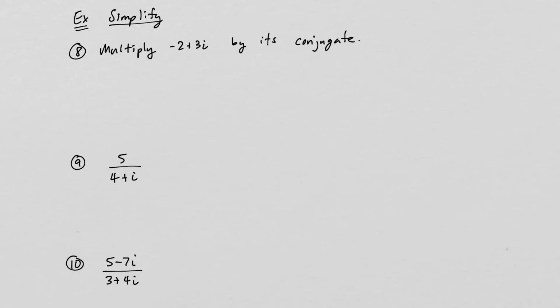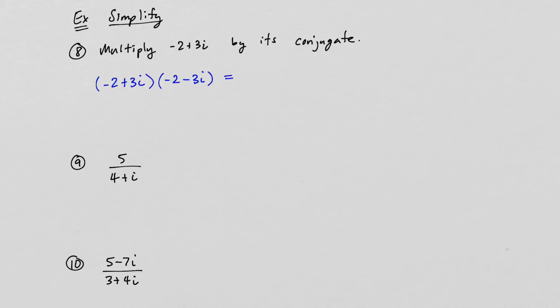So let's do one more. In the next example, we would like to multiply the complex number negative 2 plus 3i by its conjugate. So that means we're going to take the number negative 2 plus 3i and we're going to multiply it by, well, what's the conjugate? It's negative 2 minus 3i. And if you want, you can go through and you can FOIL, draw the arrows, do the work.